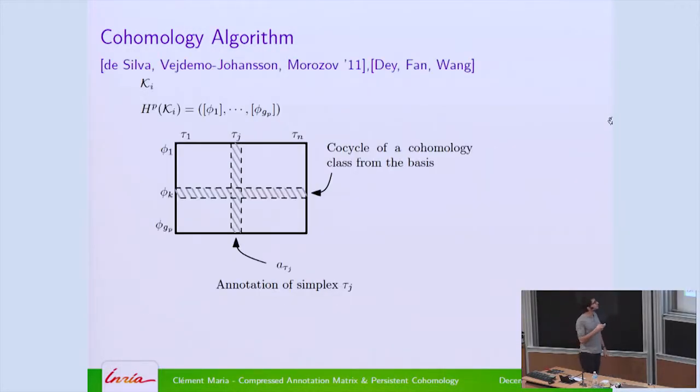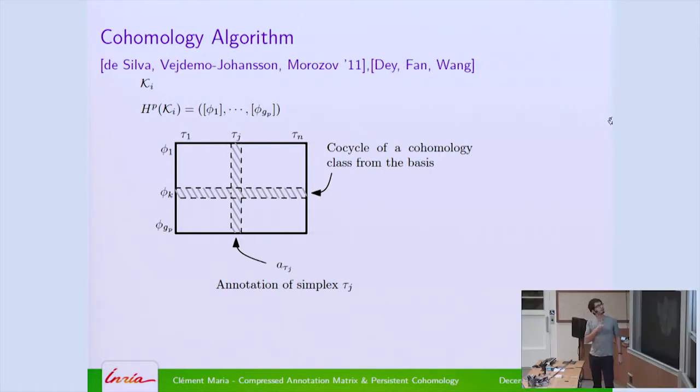So I will use for this a cohomology matrix that represents the cohomology group of my complex. You have one for each dimension p here. And the columns are attached to the simplices, τ1 to τn.